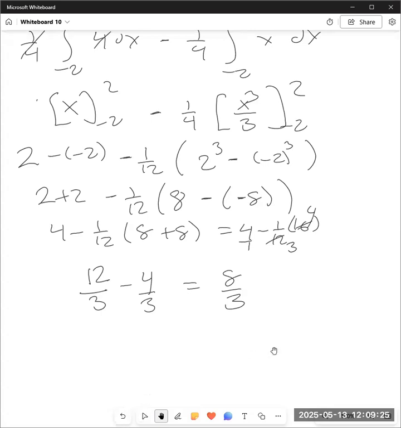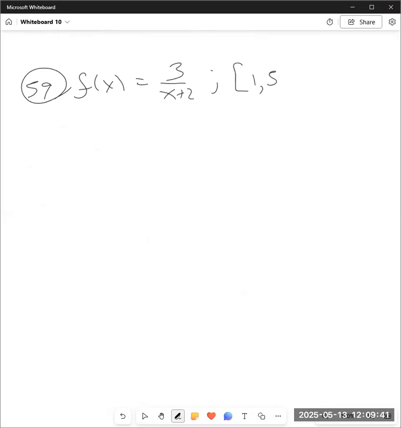Let's go ahead and look at number 59. Number 59 says f of x is equal to 3 over x plus 2. And my bounds are 1 to 5. And let's go ahead and evaluate. So 1 over 5 minus 1, 1 to 5, 3 over x plus 2 dx.